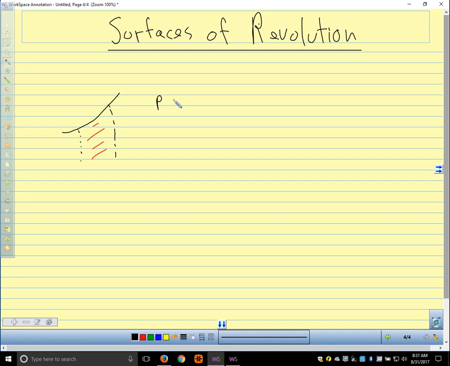Can you say all of that again? I lost you. So we're saying if we're revolving this curve about an axis, like so, we say that surface that's generated, if this distance is small enough, that surface is approximately a piece of a cone with the top cut off.